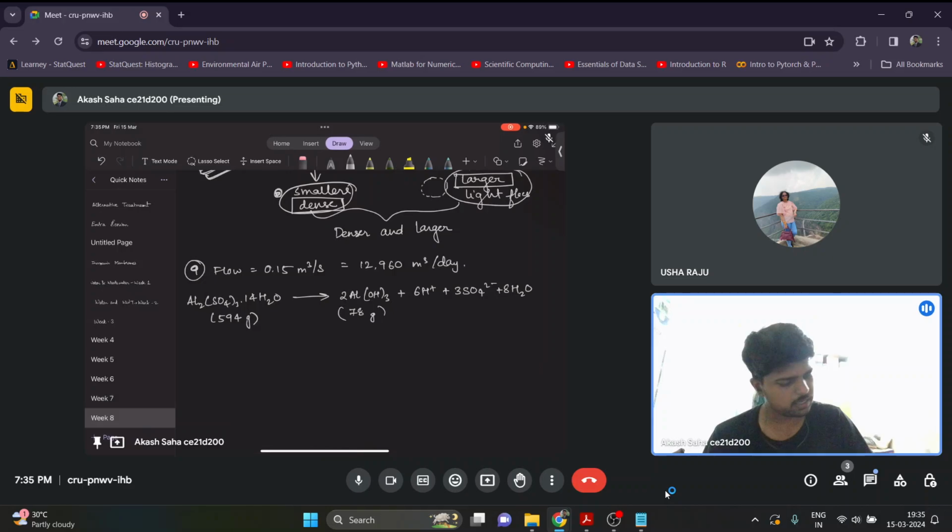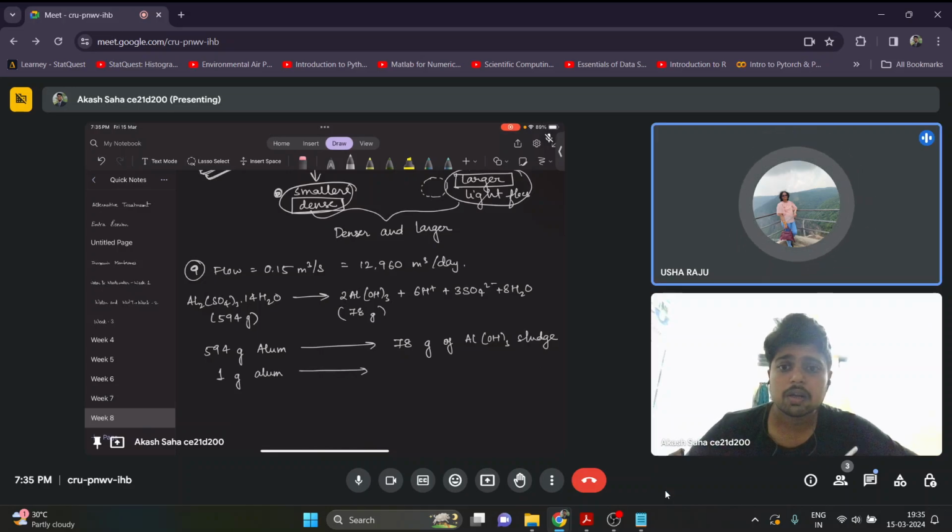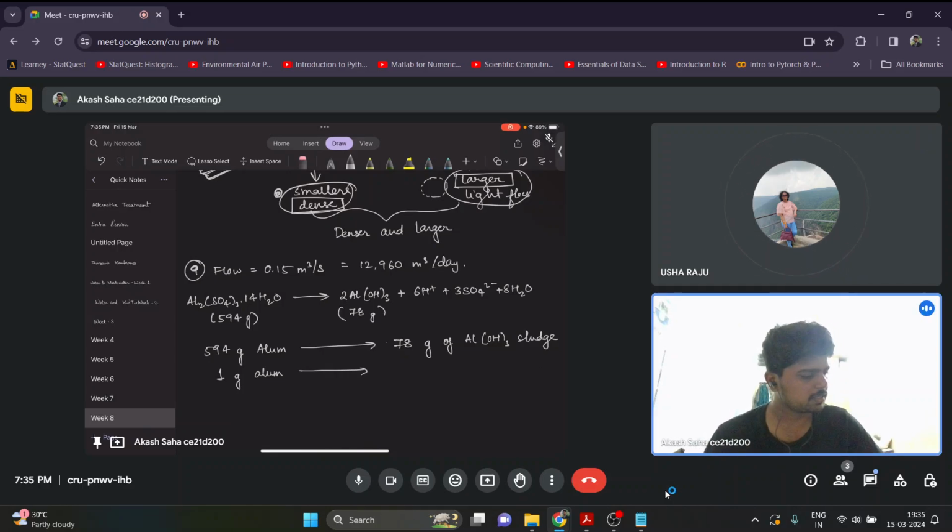So it means that 594 grams of alum will give me 78 grams of Al(OH)3 sludge. Okay, so that means 1 gram of alum. Isn't it 2 into 78? Yes, right. It is 2 into 78.